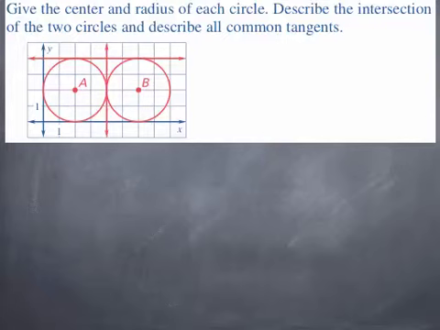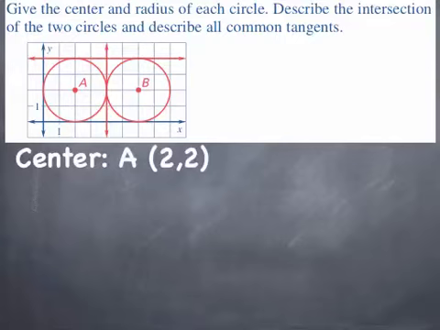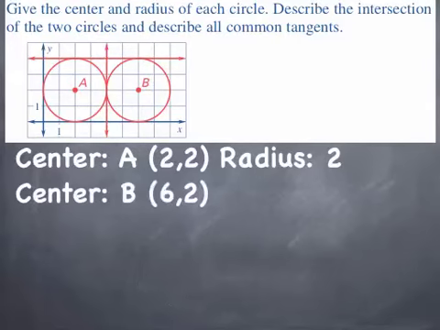The center of that first circle on the left side is point A, so we would consider this circle A. Circle A has a center at (2, 2), and if you count the spaces from A to a side of that circle, you would find that the radius would be 2. The center of B would be at (6, 2), and the radius for circle B is also 2.